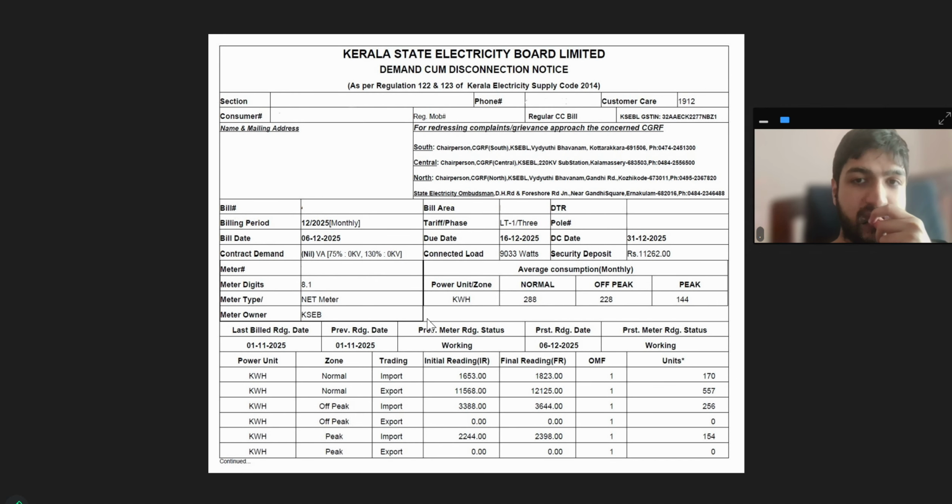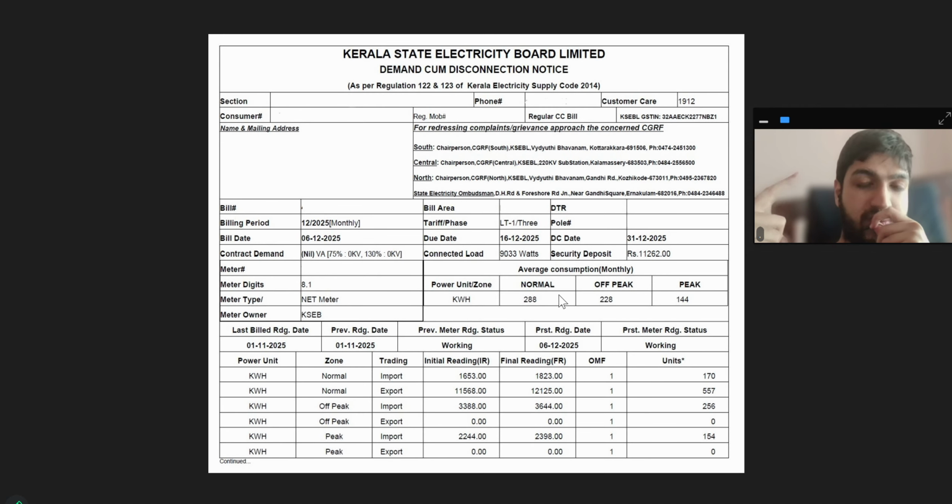So the average monthly consumption of this particular consumer is mentioned here. That is in normal. So again, the 24 hours in a day is divided into normal zone, peak zone, and off-peak zone. So normal zone will be from 6 a.m. to 6 p.m. That is solar hours.